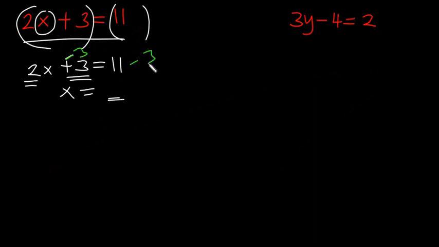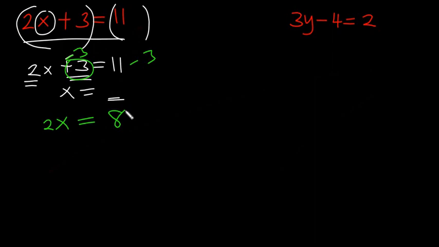On the left hand side we're going to have only 2x, since 3 minus 3 is 0. Then on the right hand side we're going to have 11 minus 3, which is equal to 8.